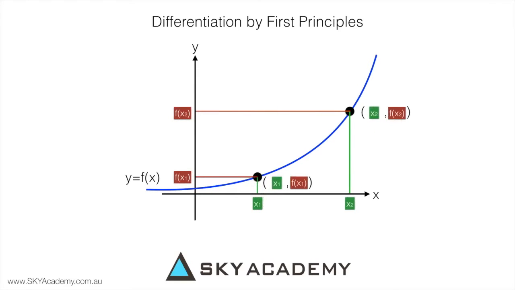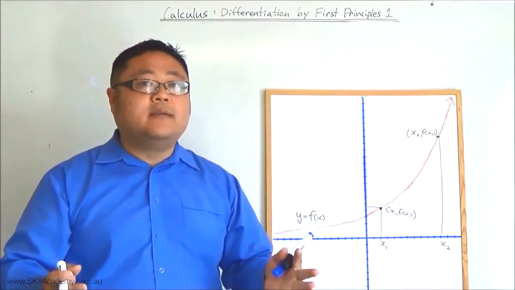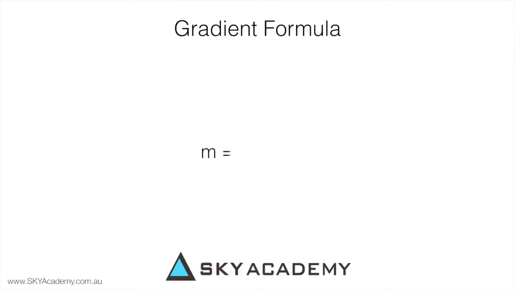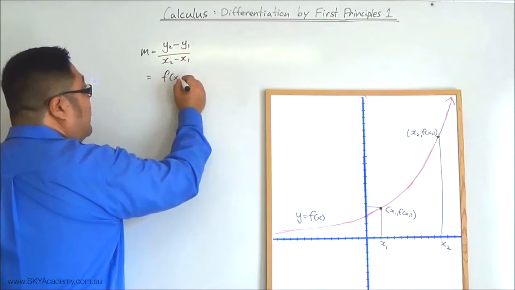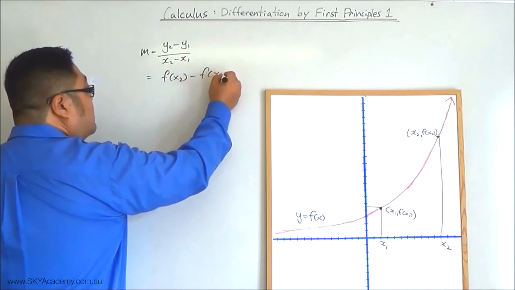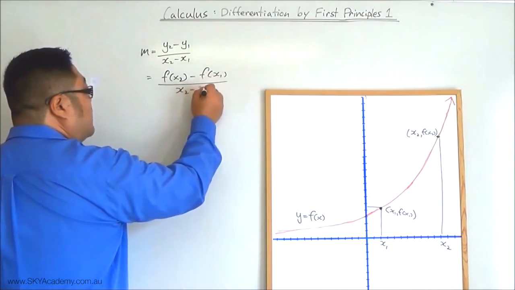So the gradient between these 2 points, as always, is given by y2 minus y1 over x2 minus x1, which in this situation would be f of x2 minus f of x1 all over x2 minus x1.